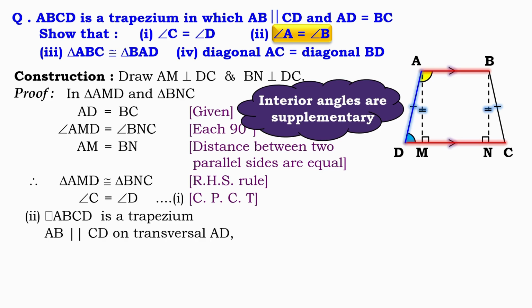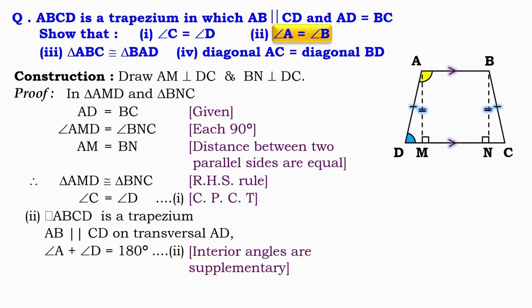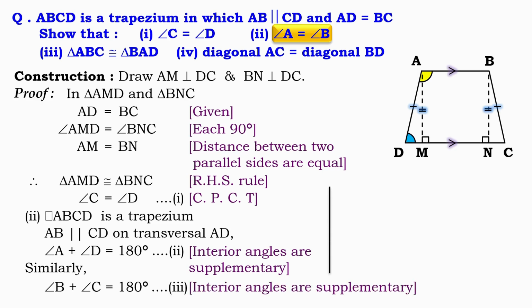So AB is parallel to CD on transversal AD. So angle A plus angle D equals 180 degrees because interior angles are supplementary. So these are also called the co-interior angles. Okay. Now similarly, we can prove that angle B plus angle C will be equal to 180 degrees because again the same rule, interior angles are supplementary.